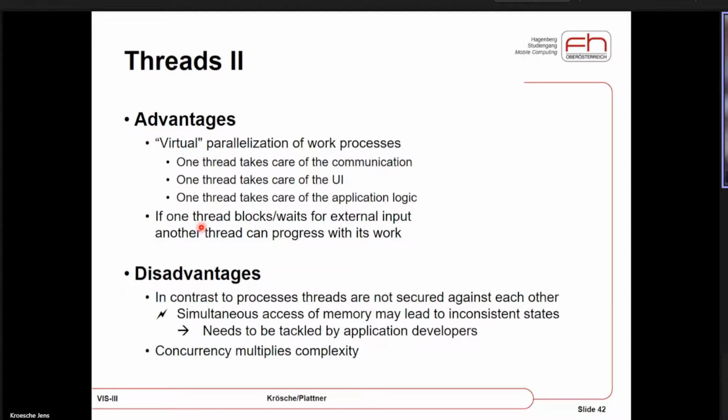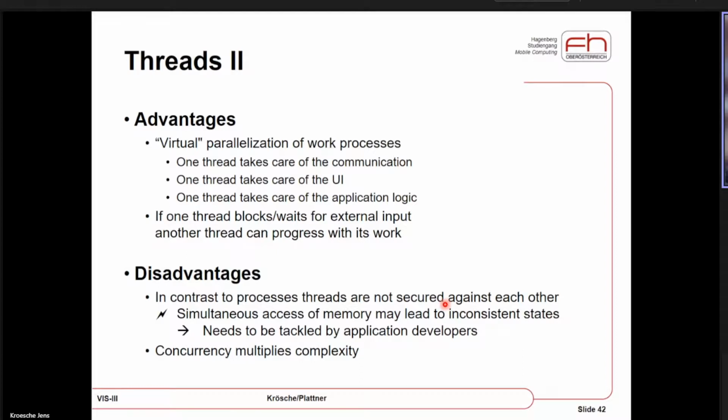The disadvantage is something I already told you, that the threads inside the processes are not secured against each other. So they use the same memory. And this really makes life complicated, because you as programmers are responsible for managing the access to the memory.